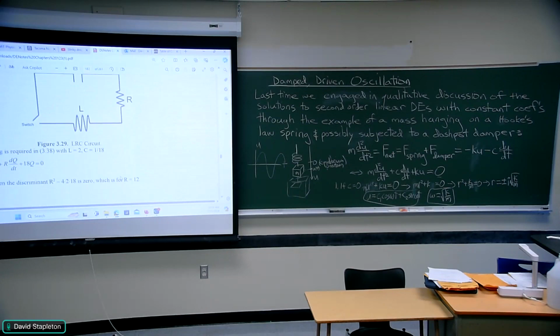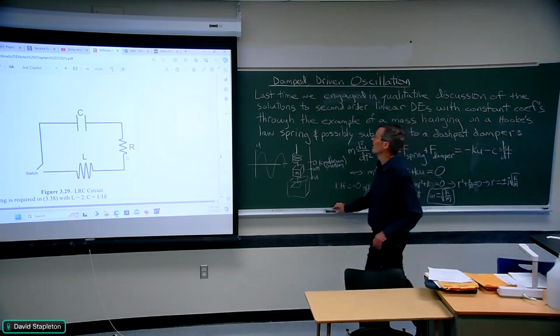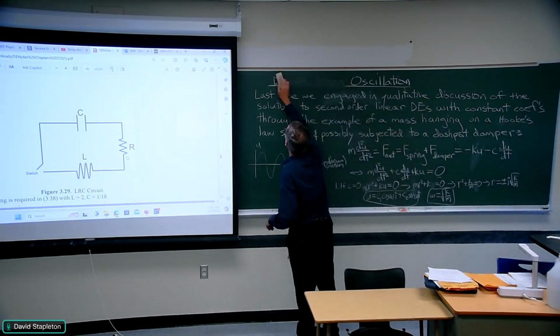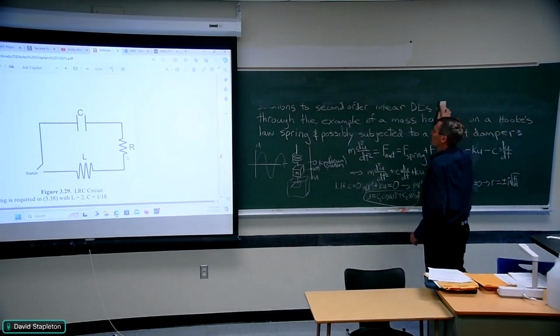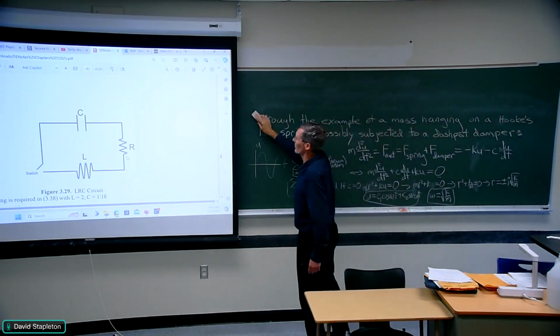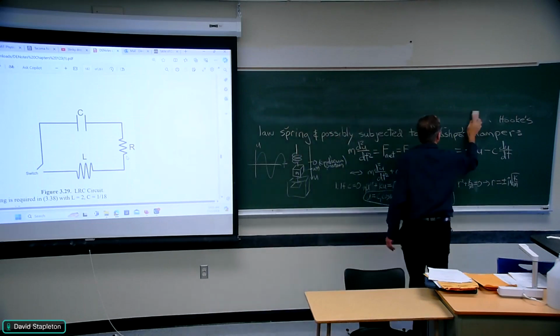We didn't get a chance to mention that before. Let's mention that now. This is in the notes also, but I'll just write it up here. A really nice analogy for electronics engineers is the so-called LRC circuit, or sometimes we call it RLC circuit. Let's put them both ways.